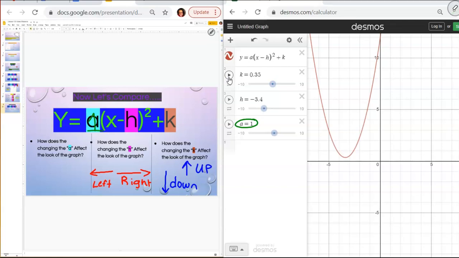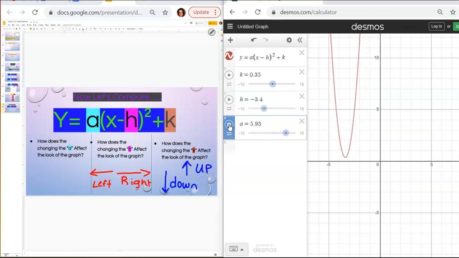But now let's take a look at some effects that happen to A. Now, this is A. Observe the values. So I'm going to hit play here, and let's just observe. All right. Look at that.